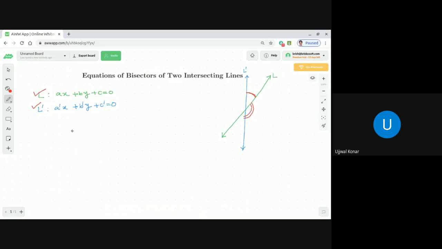Now, the equations of the bisectors are something like this.